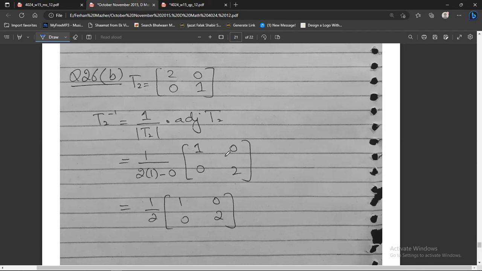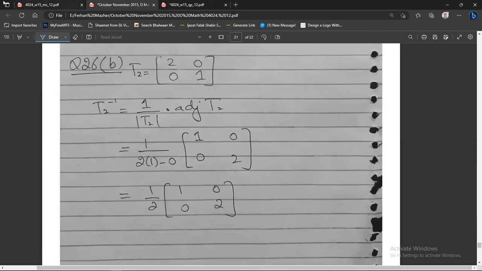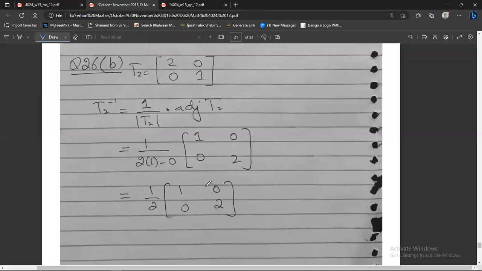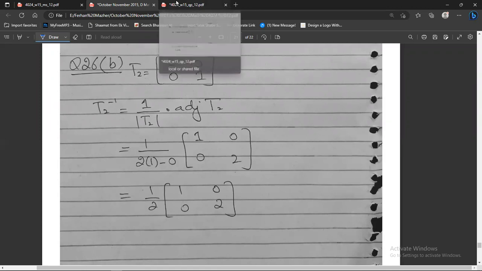So you will have 1, 0, 0, 2. So it will be 1 by 2 into 1, 0, 0, 2. This is my answer, that's the inverse: 1 by 2 into 1, 0, 0, 2, that is 1, 0, 0, 2, 1 by 2. I hope you understand how we have found the inverse of T2.